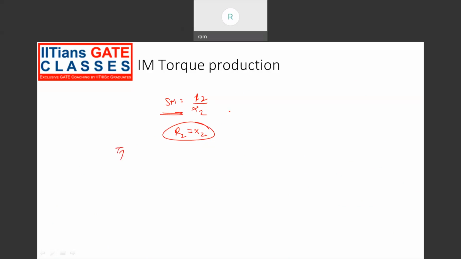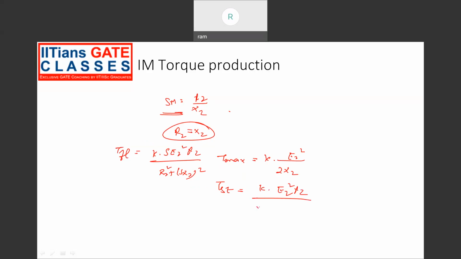On derivation, we know that the full load torque equals K S E2 square R2 by R2 square plus SX2 whole square. At the same time, we also got the maximum torque expression equal to K times E2 square by 2X2. We also got the starting torque expression, that is K times E2 square R2 by R2 square plus X2 square.